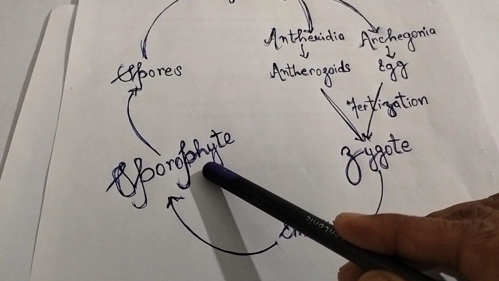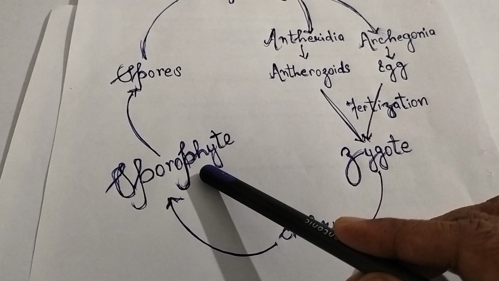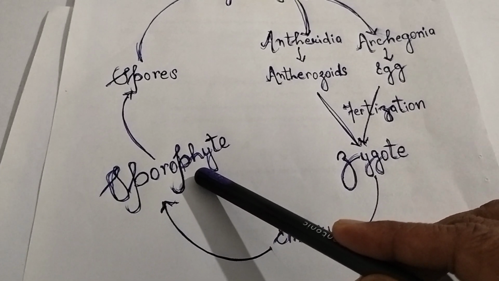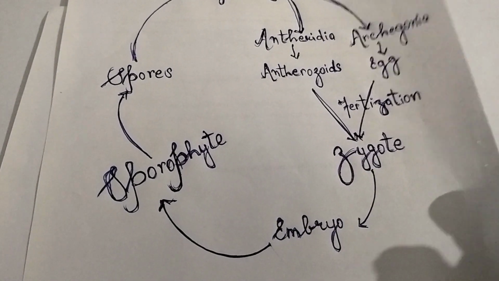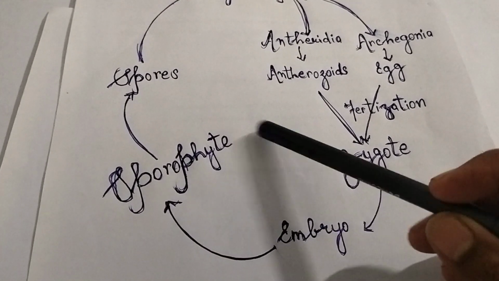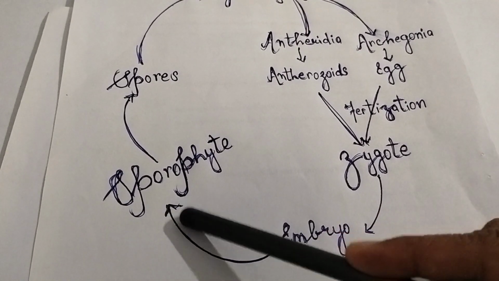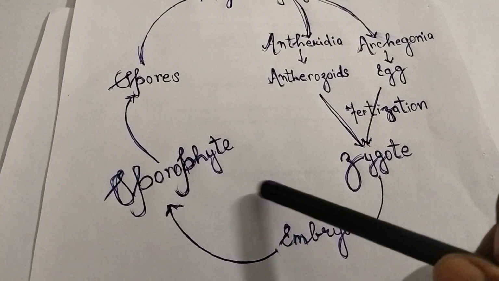And this sporophyte is the dominant phase in the pteridophytes. Remember, in bryophytes, gametophyte is the dominant phase. Now, here understand one thing. First I will complete the life cycle and then I will explain that. Now, this sporophyte, as we have just studied, bears sporangium.